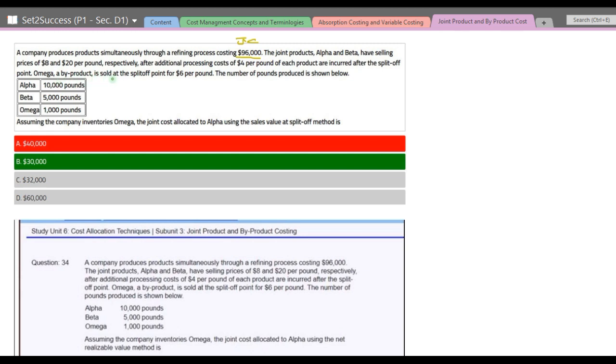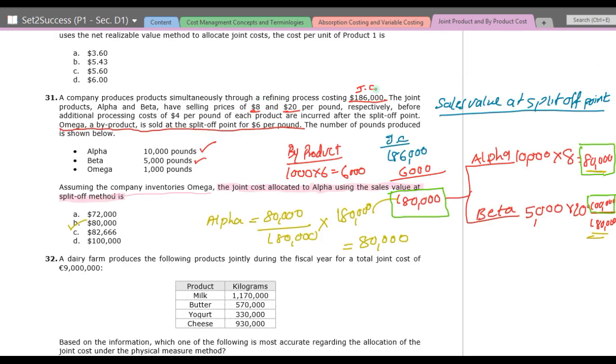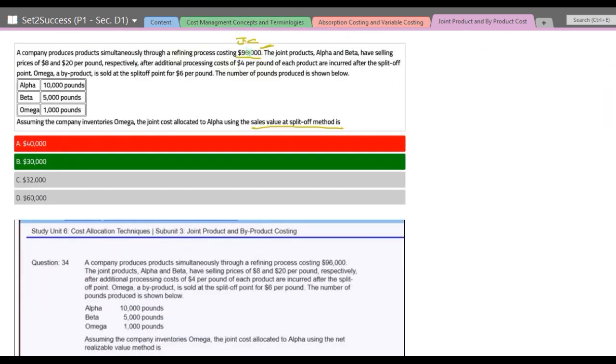Omega, a byproduct, is sold at the split-off point at $4.06 per pound. The number of pounds produced is shown below. Alpha 10,000, beta 5,000, omega is the same. This is the same MCQ, but the joint cost is 96,000. In the previous, the joint cost was 186,000. Now the joint cost is 96,000.